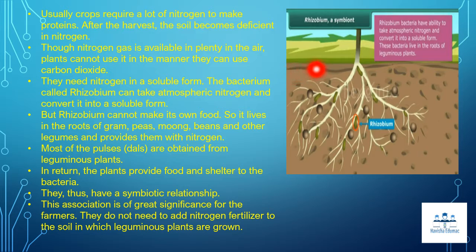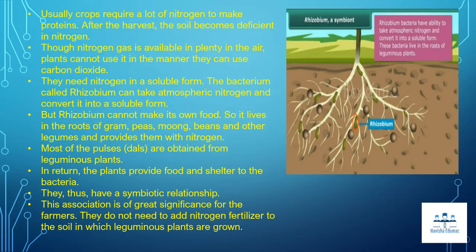The bacterium called rhizobium can take atmospheric nitrogen and convert it into a soluble form. But rhizobium cannot make its own food. So, it lives in the root of gram, peas, mung, beans and other leguminous plants and provides them with nitrogen.